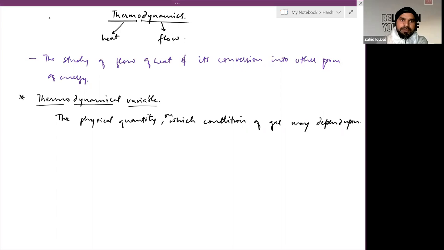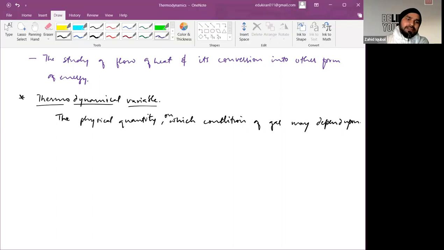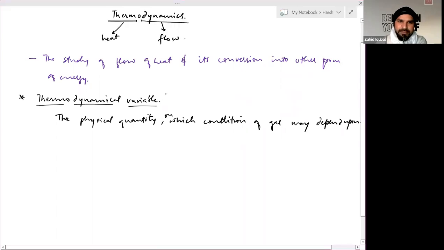Now we have to somehow relate different thermodynamical variables such as number of moles, pressure, volume, temperature to define the condition of gas at any instant. So it is called equation of state.